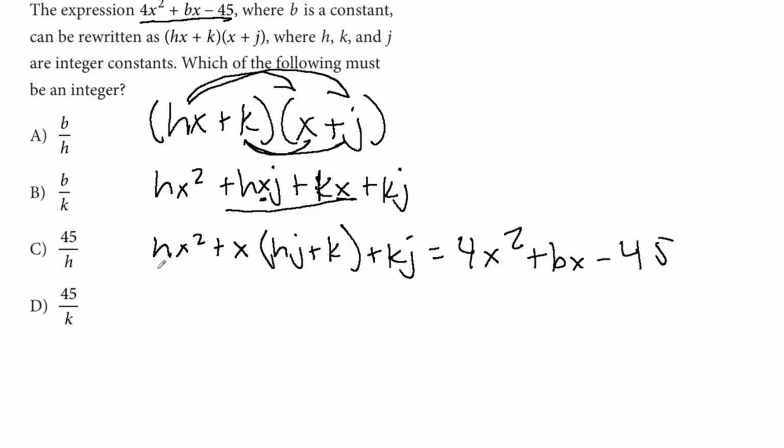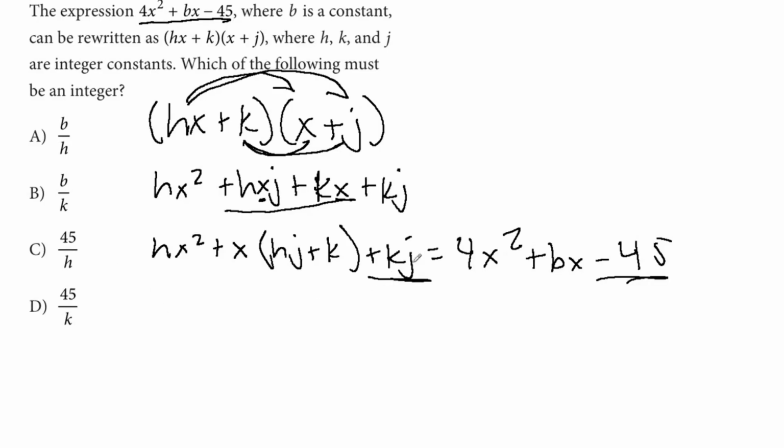So hx squared, that h must be the 4 right there. x distributed into hj plus k, which basically just means multiplied. Well, there's an x, there's that x there. So b must equal hj plus k. But what's really important here is we see that kj is basically equal to negative 45.